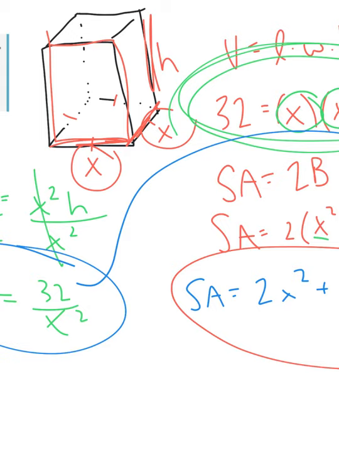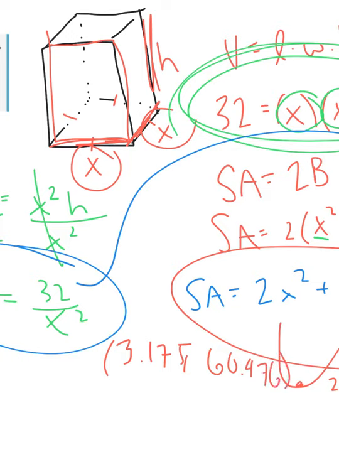What I would recommend doing is just typing this entire thing into your graphing calculator. Once you do that, you'll have something that looks more or less like this, and we want to find the minimum. So you're going to go second trace minimum, find that, and your coordinates should be 3.175, comma 60.476.